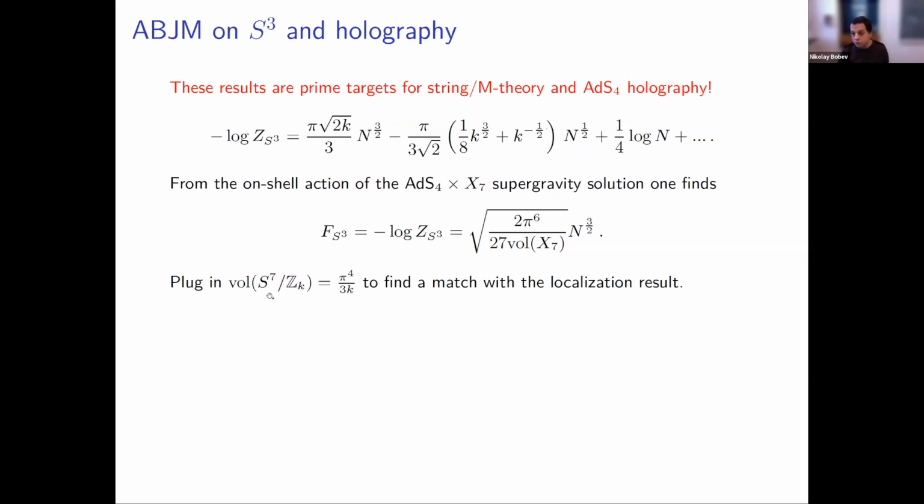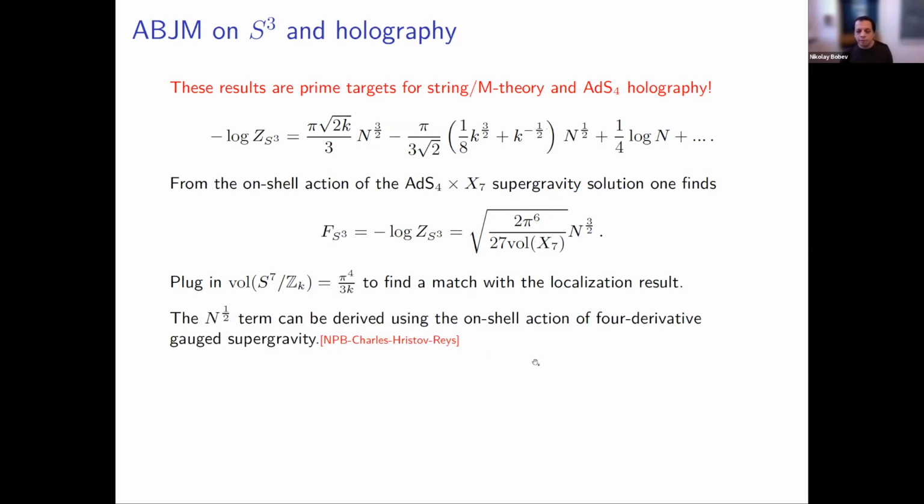And if that internal space is a sphere, you get a specific volume, and you put it in here, and you get exactly this prefactor. Then the subleading term can be understood as coming from higher derivative terms in supergravity. I'm not going to talk about the details of this. I can give a whole other talk about it, but these 2 terms should come from that.